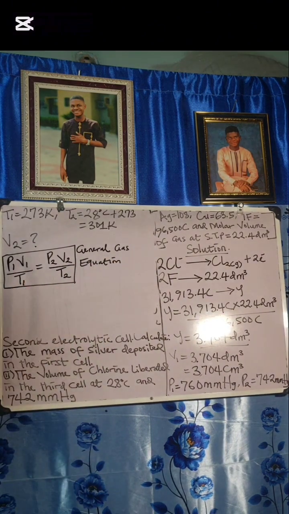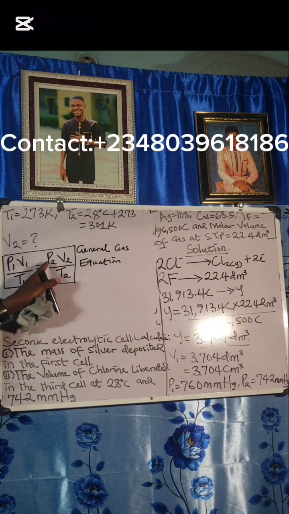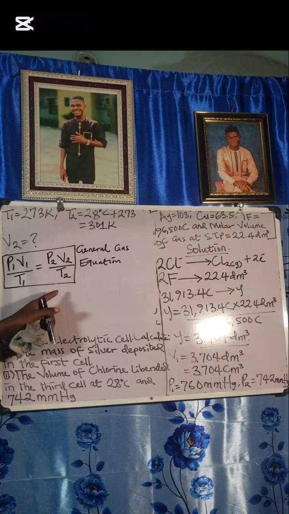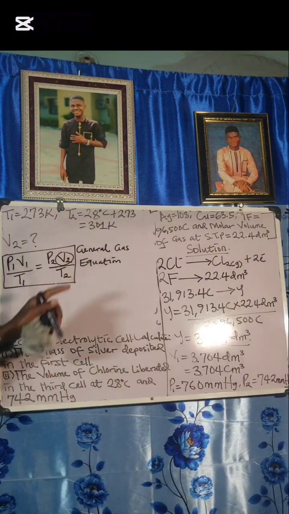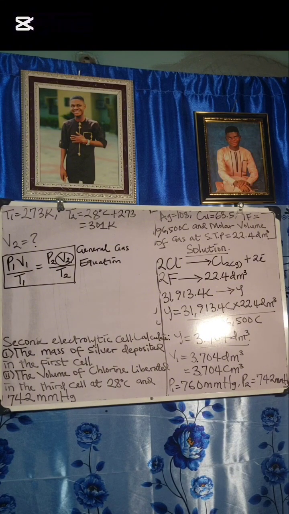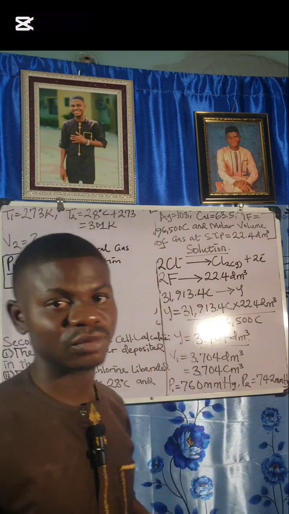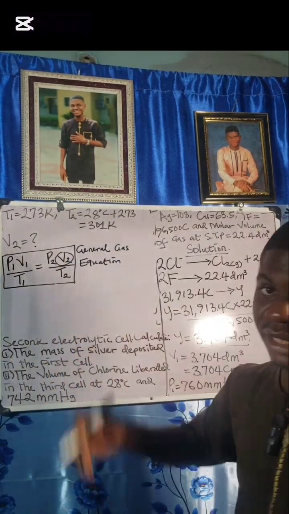Now, this is the general gas equation. The mathematical statement says P1V1 divided by T1 is equal to P2V2 divided by T2. We have the value for P1, V1, and T1. We also have the value for P2 and T2, and we're looking for the value of V2. And we're going to make V2 the subject of the formula by simple cross multiplication of this equation.